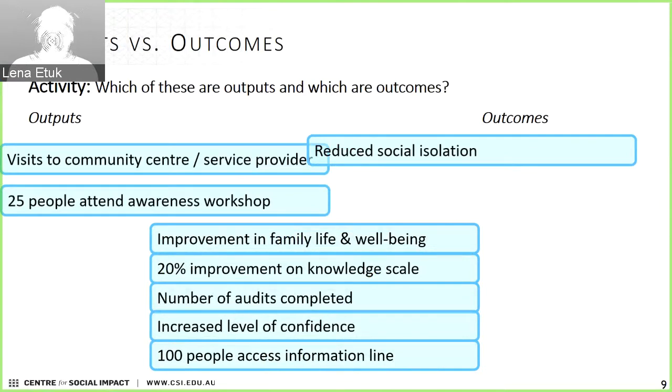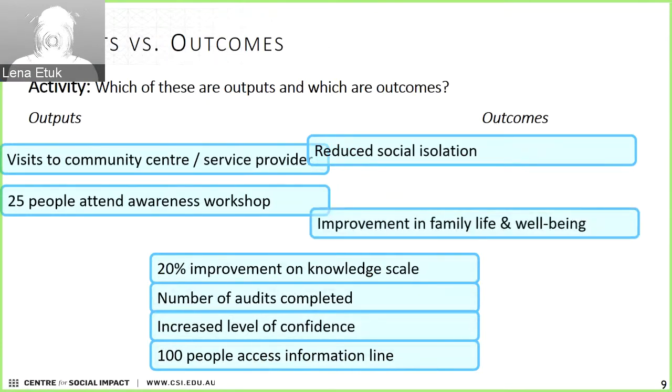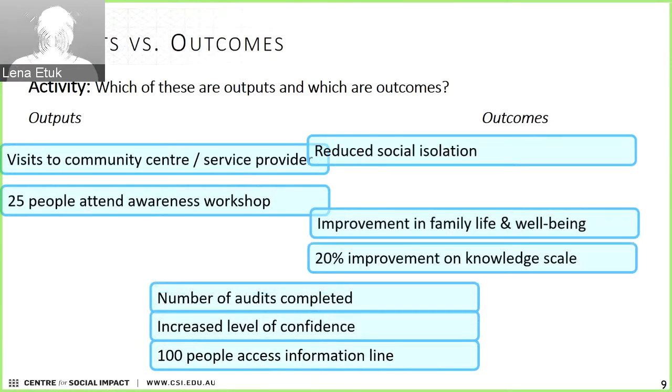Improvement in family life and well-being. Output or outcome? Outcome, yep. 20% improvement on knowledge scale. Does that sound like an outcome or an output? Got a number, but does it sound like an output or something that might result from the program? Outcome, there we go. The number of audits completed.